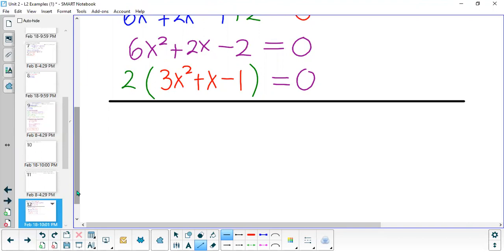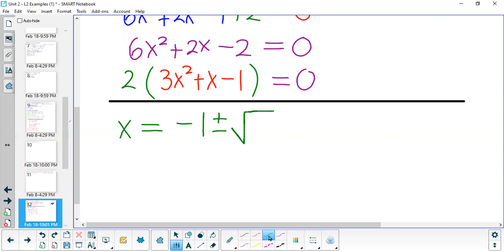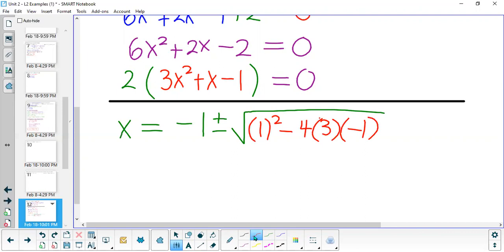Yes, the quadratic formula. When I tell you calculus brings up everything you've learned in the past, I was not joking. So we have to write down our quadratic formula, which would look like this: -1 plus minus the square root of 1 squared minus 4 times 3 times -1, all over 2 times 3, 2a.